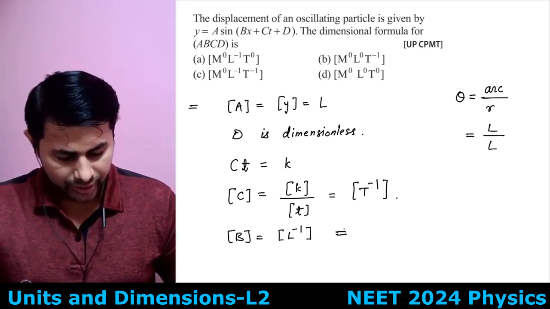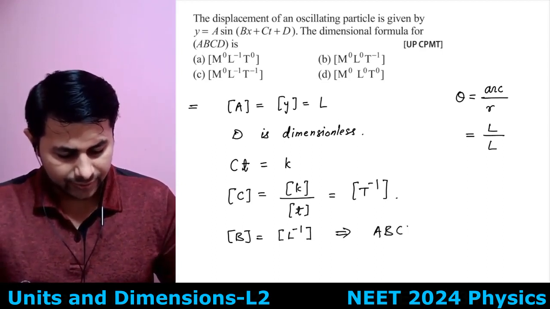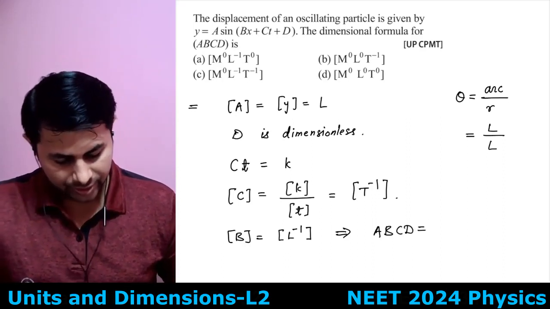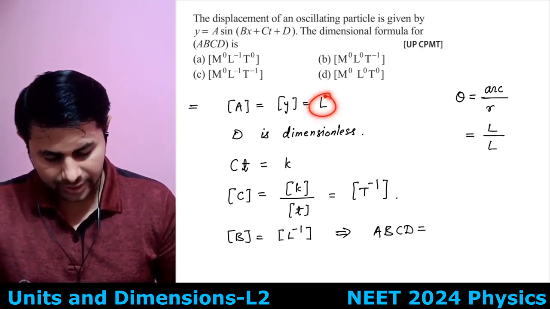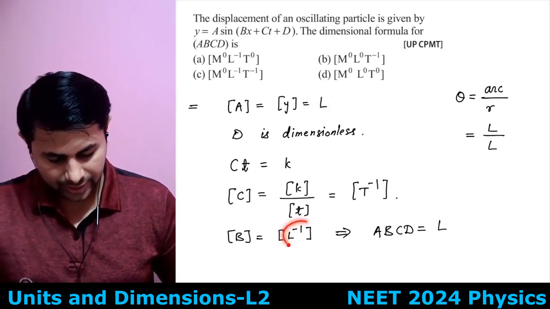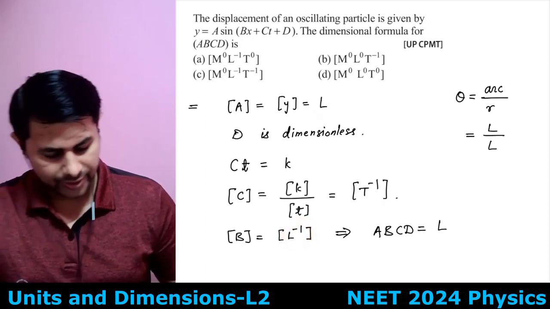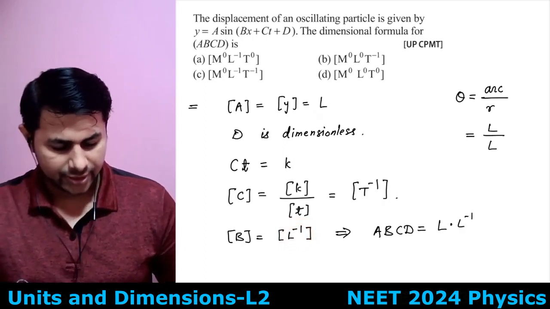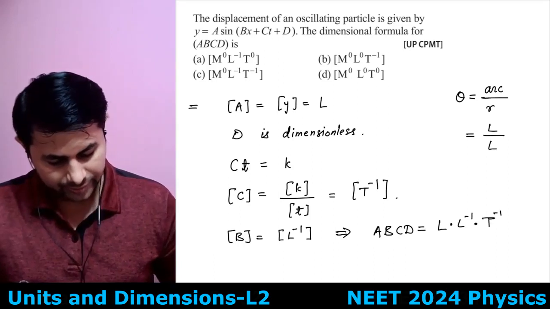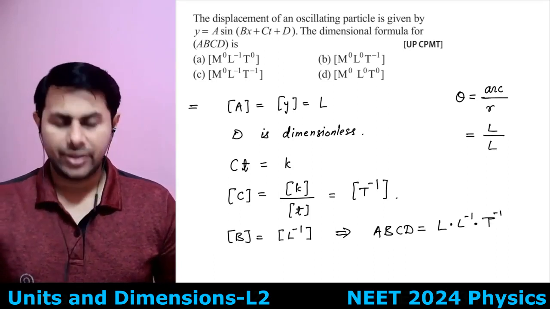And now we want the dimensions of a, b, c, d. The dimensions of a are L, b are L inverse, so L times L raised to minus 1 times T raised to minus 1, and d doesn't have any dimensions.